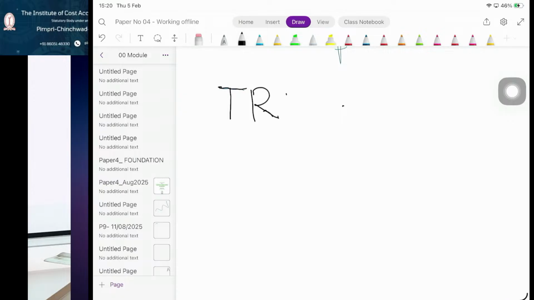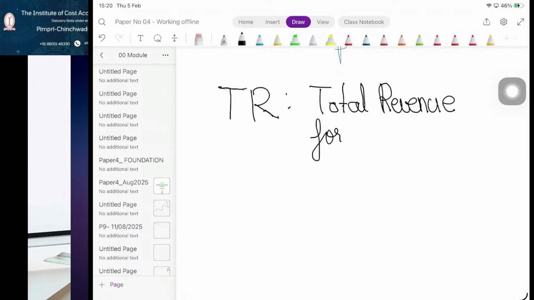Write down TR stands for total revenue for a firm during a period of time.